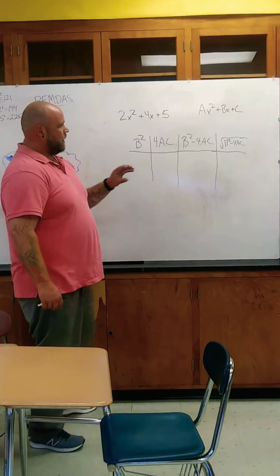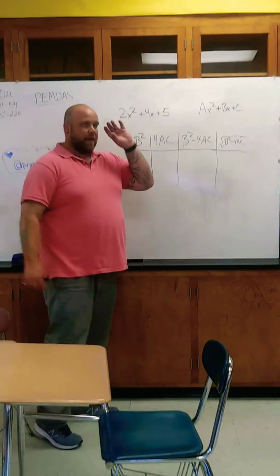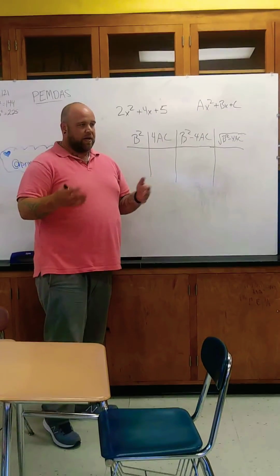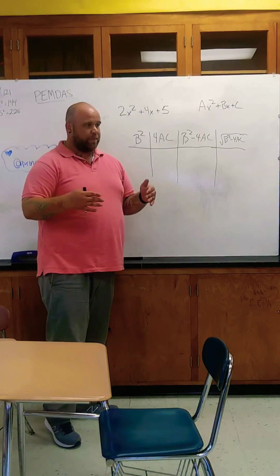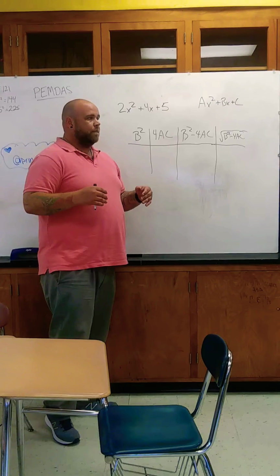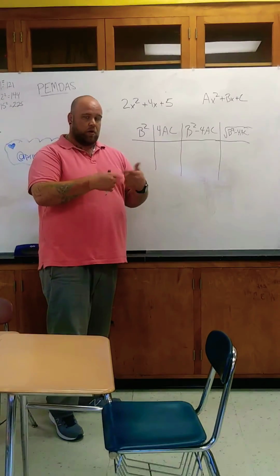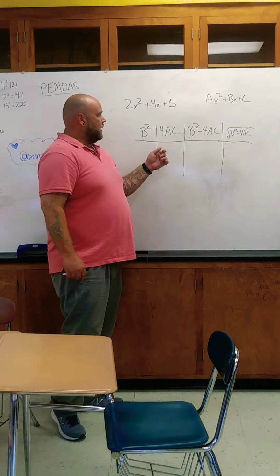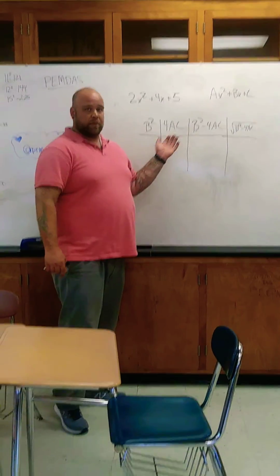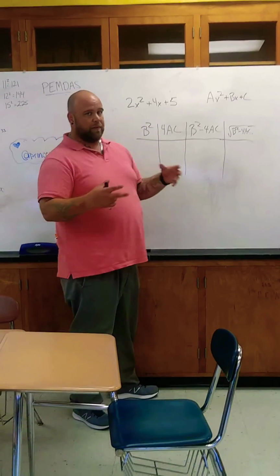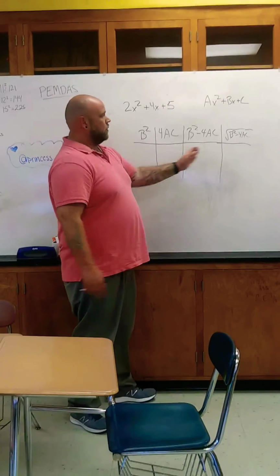And again, my mistake was thinking that they would automatically go into the discriminant knowing order of operations, and after I tried to introduce that, it occurred to me that I needed to step back, especially with Sydney. Sydney's really good at arithmetic, but to get her to her goal of being able to do complex problems at 90% accuracy, I felt like this was the way to go. Because she knows the arithmetic behind it, she just couldn't do the order. So I tried to break down the complex operation into simpler ones.